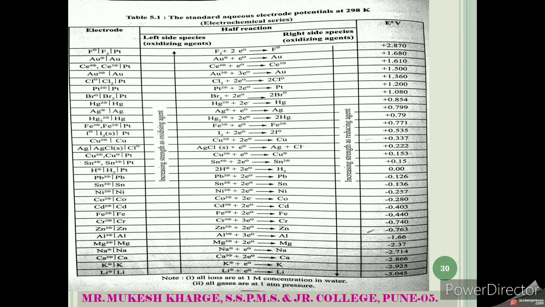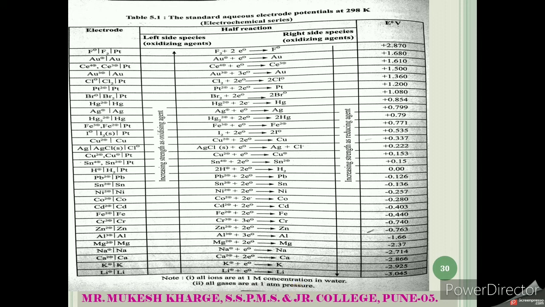Here the standard aqueous electrode potential at 298 Kelvin is mentioned in this electrochemical series. All the ions are at 1 molar concentration in water, and all gases are at 1 atmosphere pressure.